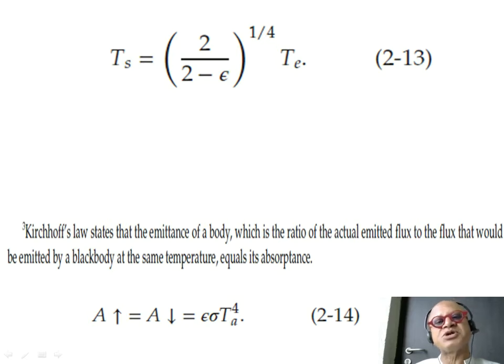Okay, so this expression for Ts now looks a bit more complicated, but you can see the similarity to the previous expression already, when we allowed the surface long wave to be completely absorbed by the atmosphere. Why? Because if you make epsilon equal 1, which means the atmosphere is completely opaque to the surface long wave, then you still get 2 to the 1/4 Te as before.